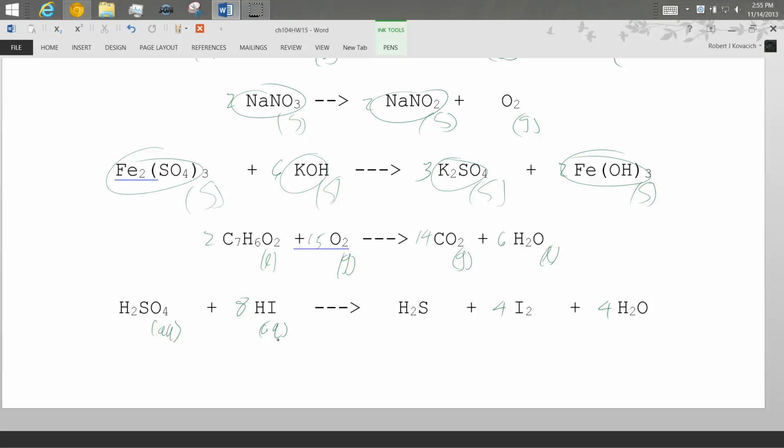You could say aqueous, but does anybody know what that stuff is? Sulfuric acid? There's no O. Hydro, right? There's no O. Hydrosulfuric acid, but most people just call it dihydrogen sulfide. Does that name sound familiar?